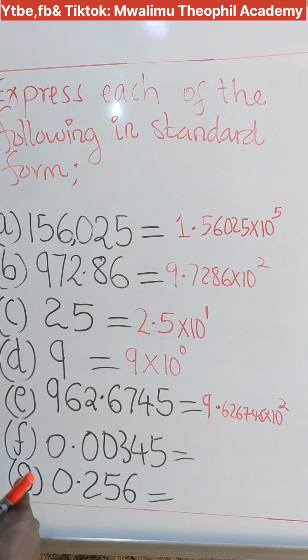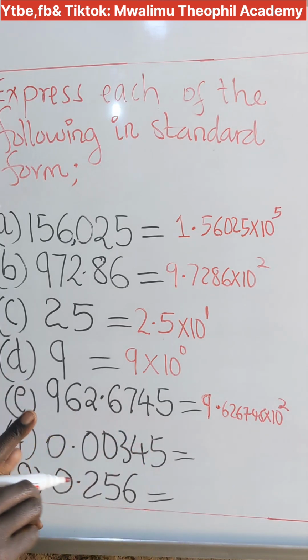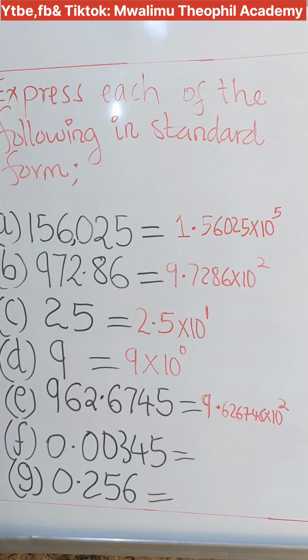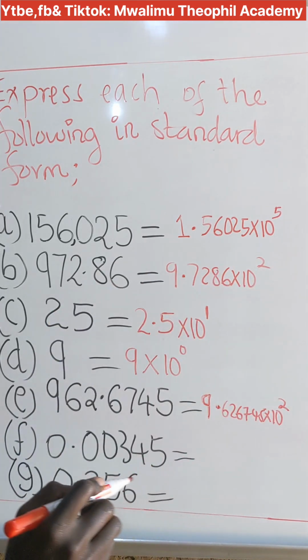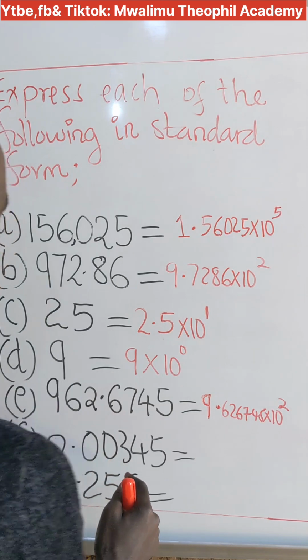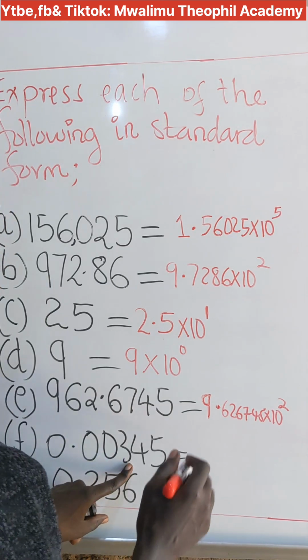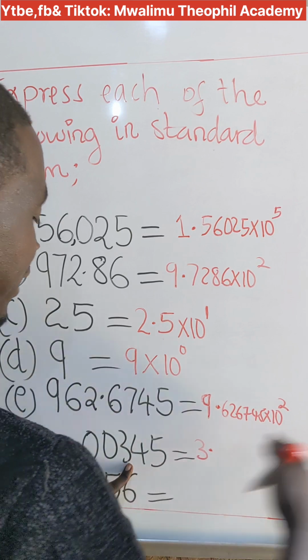After that, let's go to our sixth one. We have 0.00345. When you have a number which is less than 1, meaning a number starting with 0 point something, you take as usual from the left-hand side toward the right-hand side, you start with the counting number. The counting number here to start with is 3. Now we start with 3, and then you put a decimal point where you write the remaining digits.